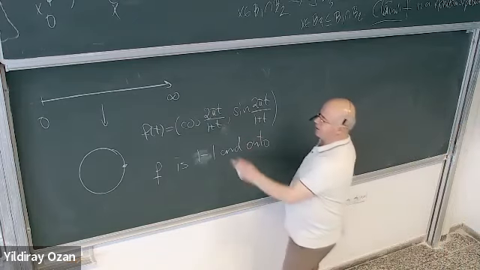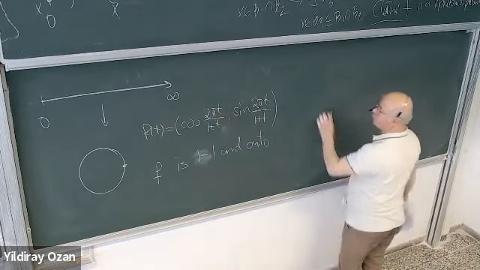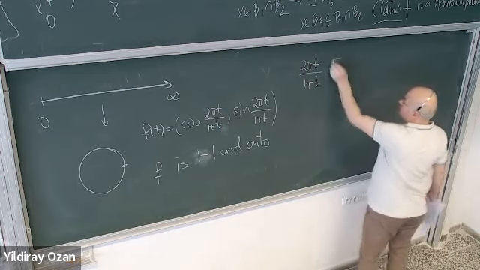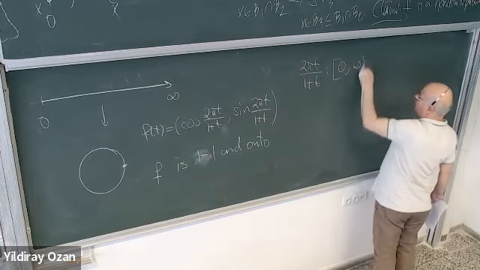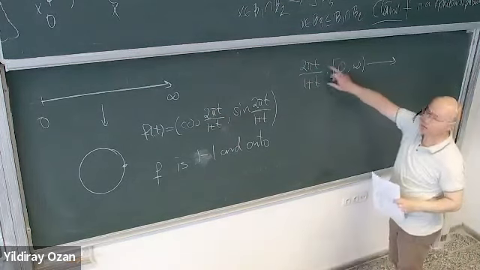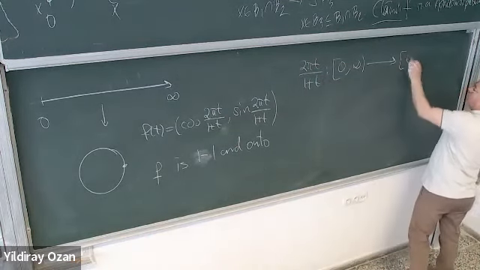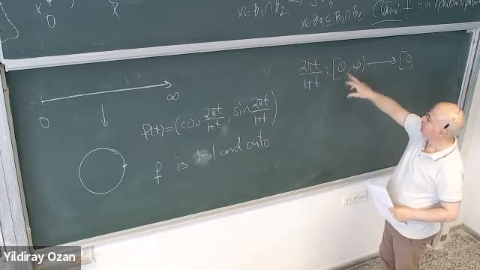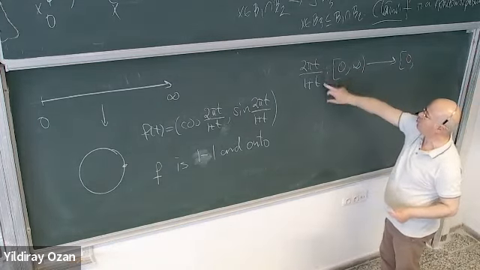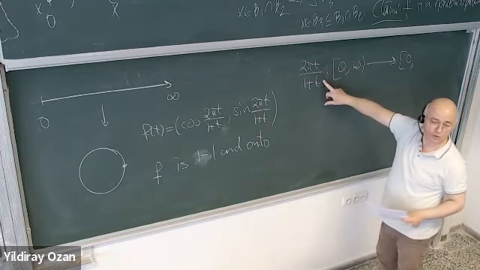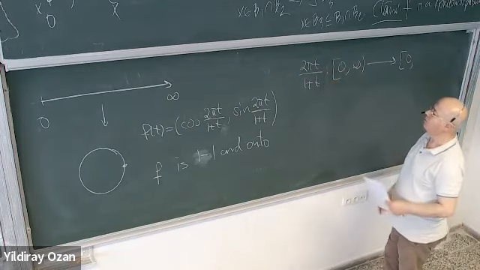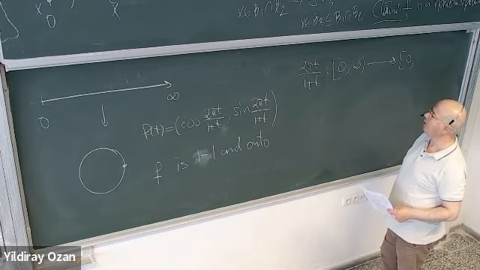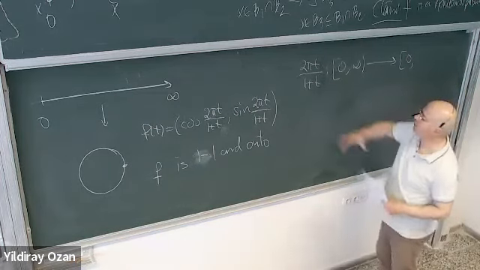You see this gadget, the map 2 pi t divided by 1 plus t, maps the interval 0 to infinity, where 0 is mapped to 0, of course. What about infinity? You never reach infinity, but as t goes to infinity, this goes to 2 pi.